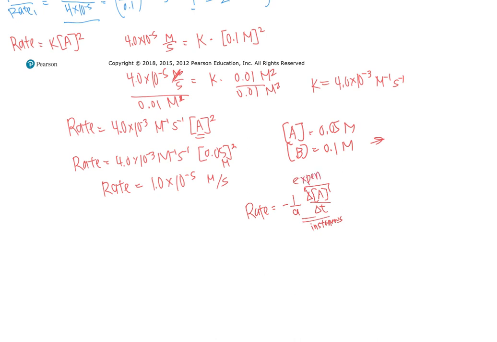Then I would take this data and plot it at different concentrations to see how the rate is impacted, and then I can find the rate law based off of that info. So it's all connected, and these are all different ways that we can see how the rate of a reaction is impacted by either concentration or at different times.